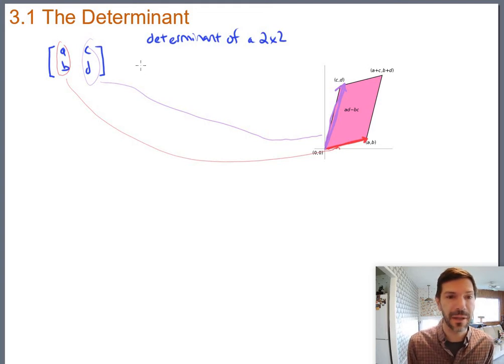It is the main diagonal product AD, minus the off diagonal, BC.